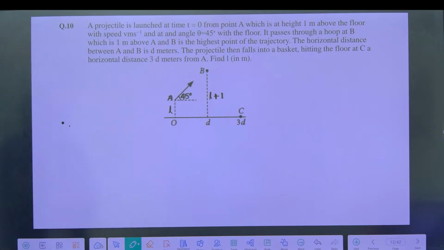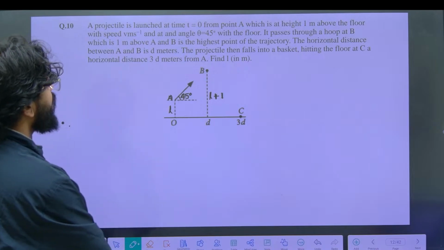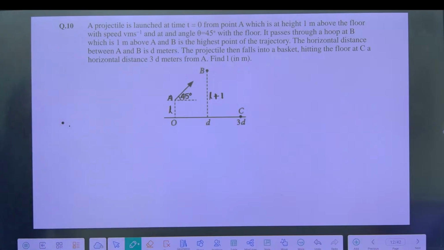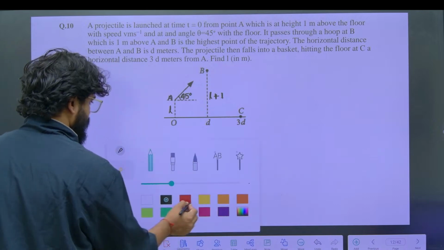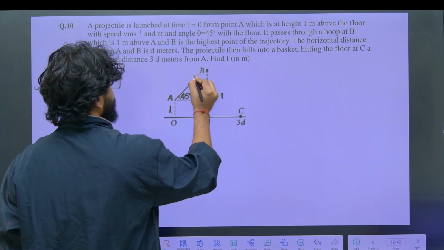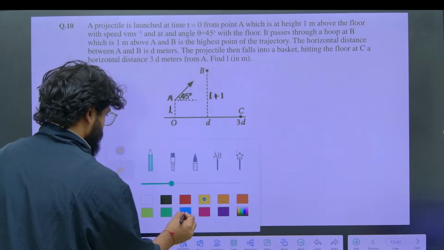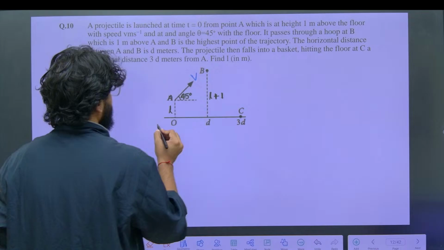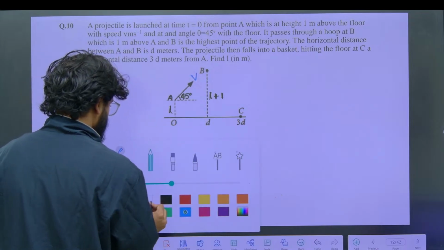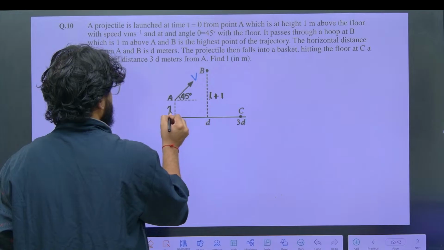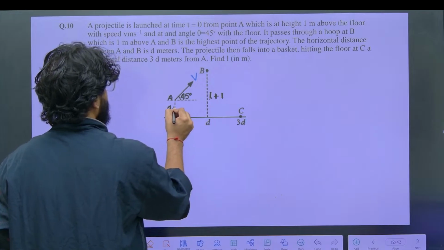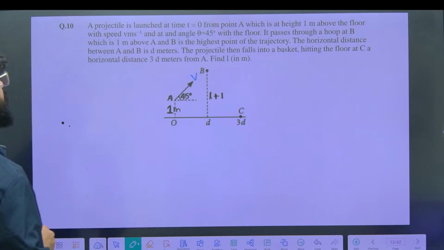which is at a height 1 meter above the ground floor, with speed v and an angle theta. So basically this speed over here is v, and this guy over here is 1 meter.